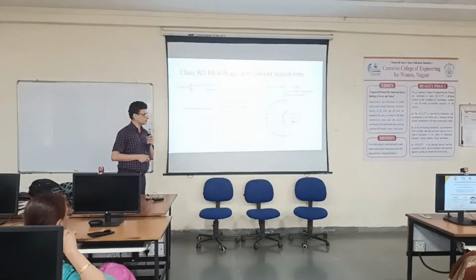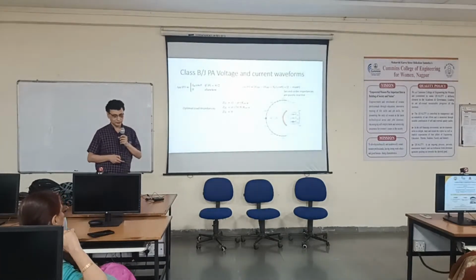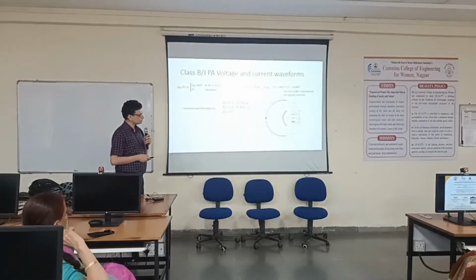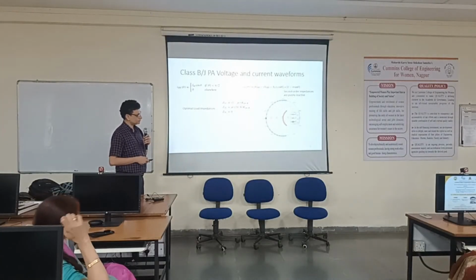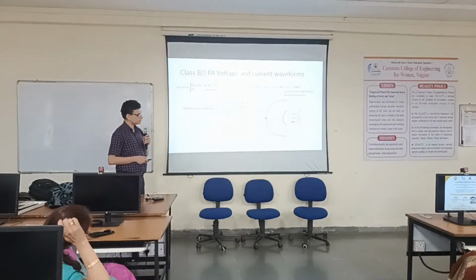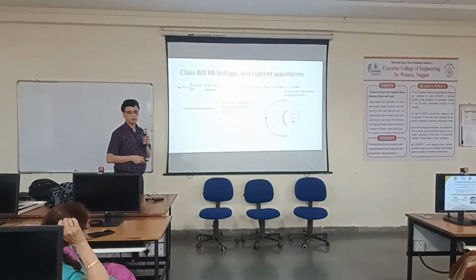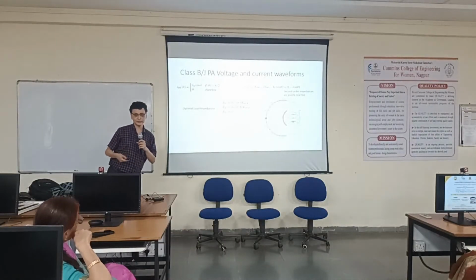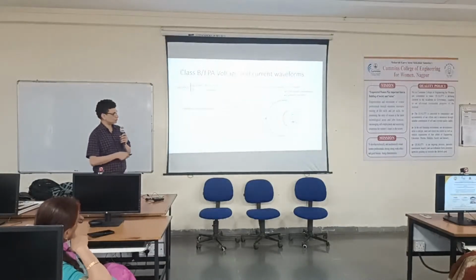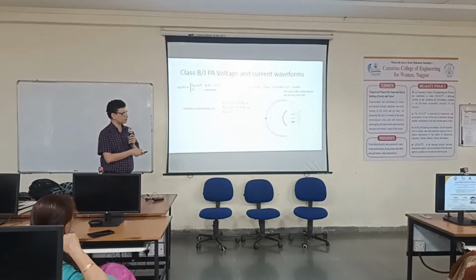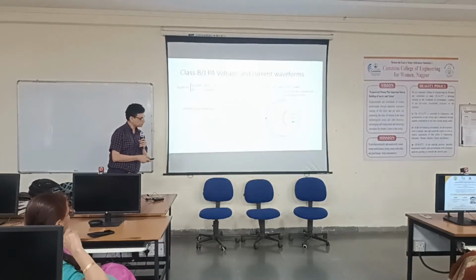But in practice, this is not what happens. If you choose a load in the upper half, that is inductive, it gives a different efficiency compared to the bottom half. So in this work, what we did was to find a model of why this is happening and explain this phenomenon.